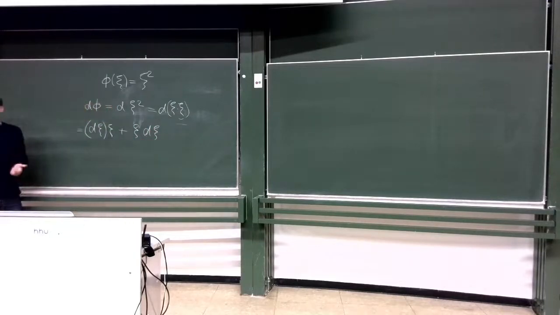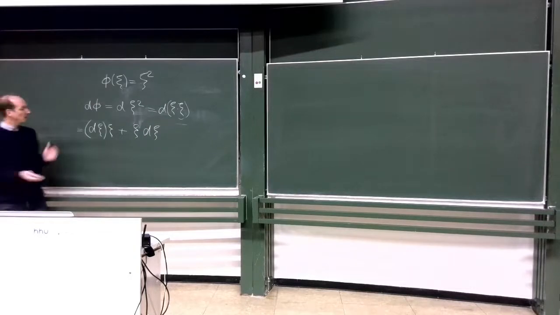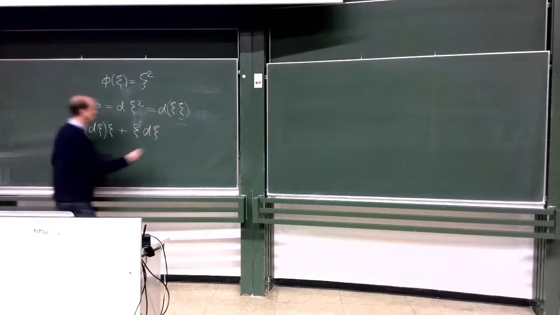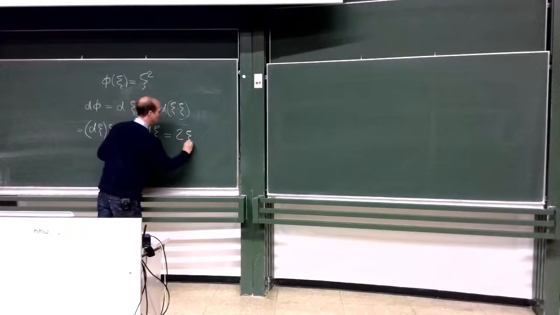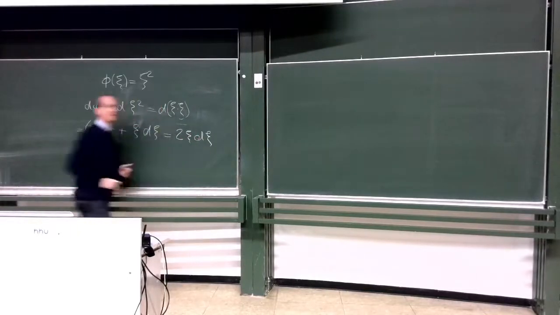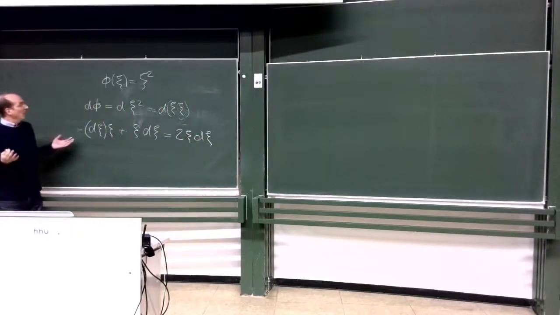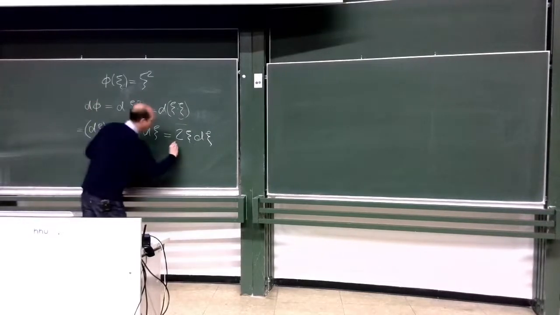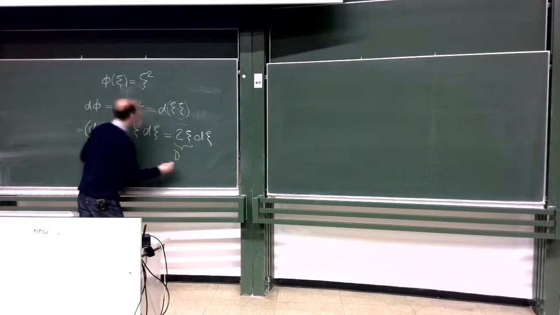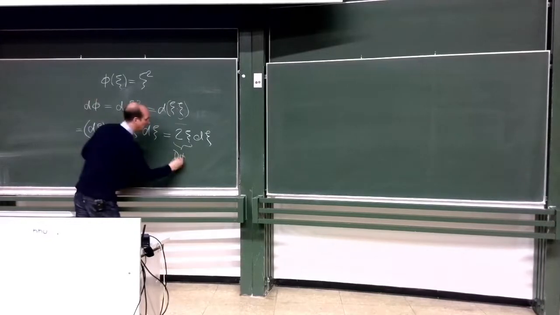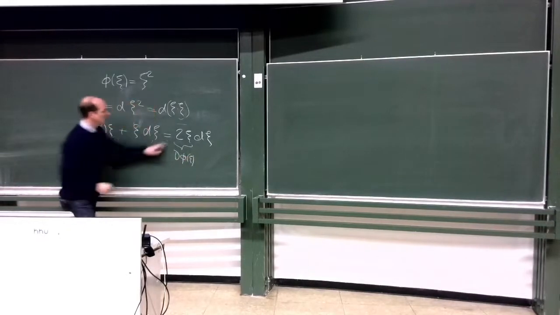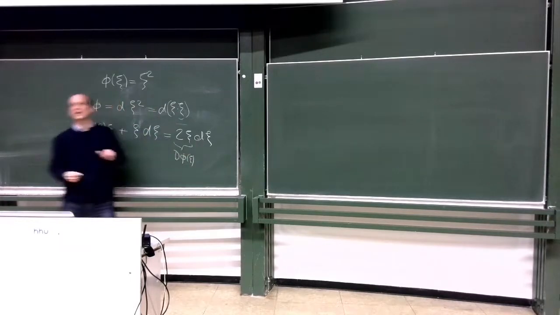Now we know scalar multiplication is commutative, so we can flip it around, which means now we get 2 times xi times d xi. And at this point we are done. Now we can read off the derivative of our phi at location xi, which is just this expression in front of the d xi.